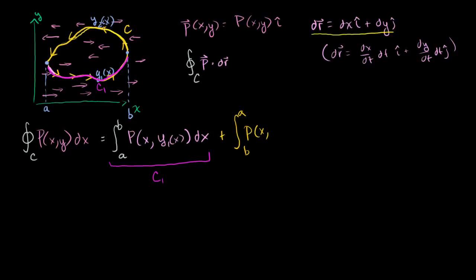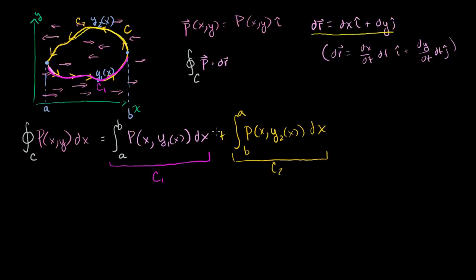Wherever you see a y, you can substitute with y2 of x along this curve, y2 of x dx. This is already getting interesting, and you might already see where I'm going with this. So this is the curve C2. I think you appreciate if you take the union of C1 and C2, we've got our whole curve.